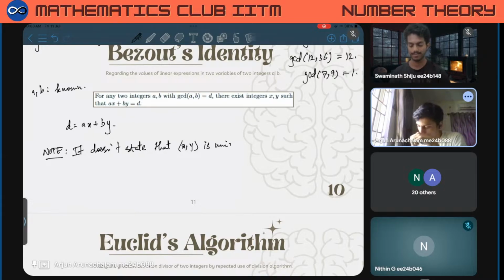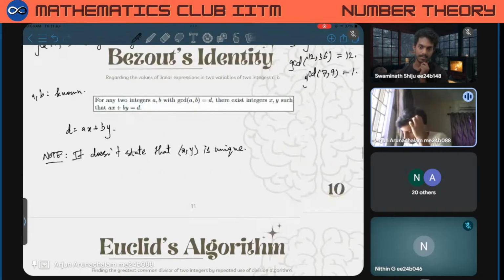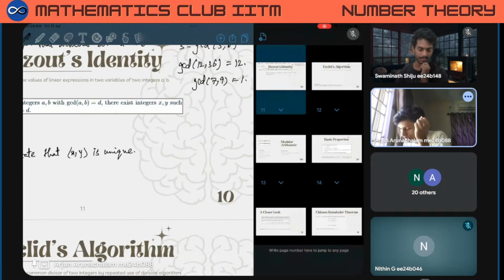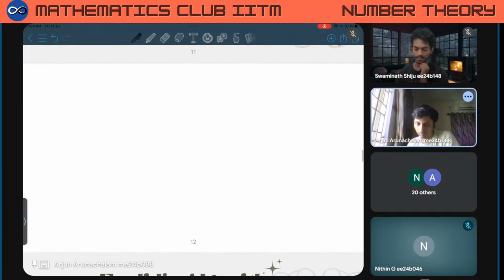Right? So in the previous theorem, the division algorithm, we proved that the pair q, r is unique. But in Bezout's identity, there's no explicit statement that x and y are unique, because there in fact exist infinitely many such representations, right? So yeah, let's prove that you can write the divisor as a linear combination of the two numbers, right?